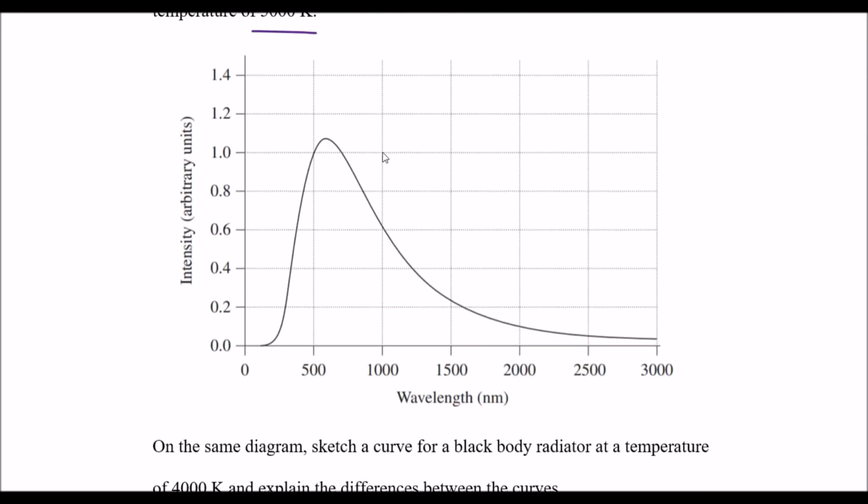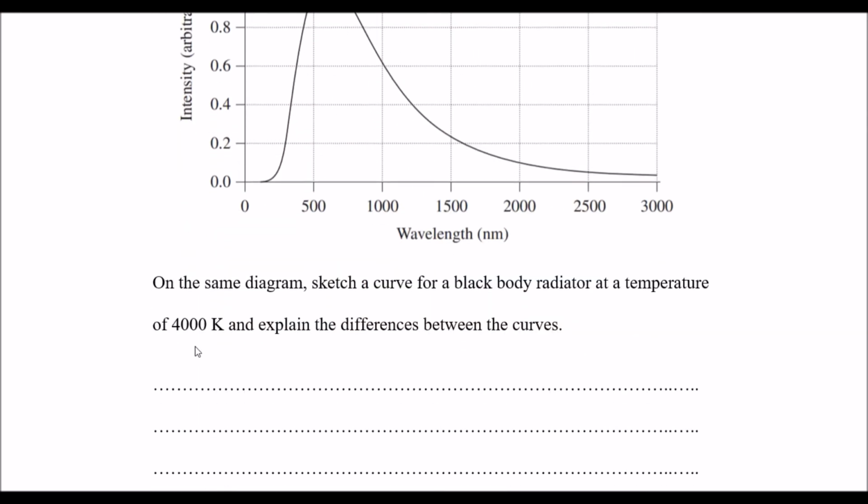Now before we get into drawing that, what we must first do is work out what the peak wavelength is. The peak wavelength is given as Wien's constant B, divided by T, which is the absolute temperature, 4000 Kelvin.